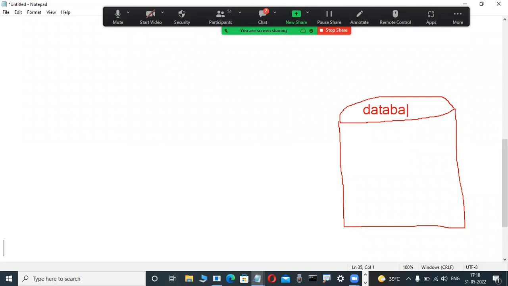Observe it here. Suppose in this database we are storing data. Don't worry. Suppose you are a user. I am a user, for example. I am an employee. You are an employee. Now slowly observe here, very interesting. Now this user wants to store some data into this database.